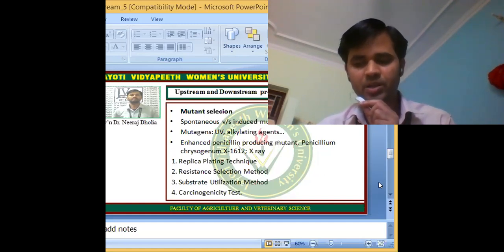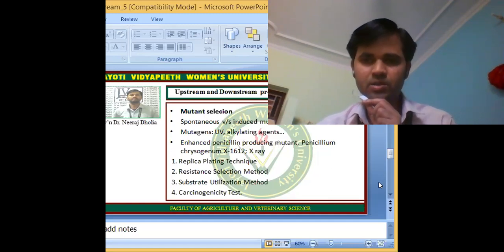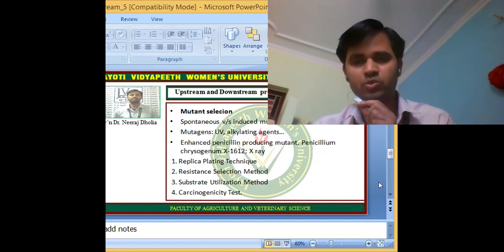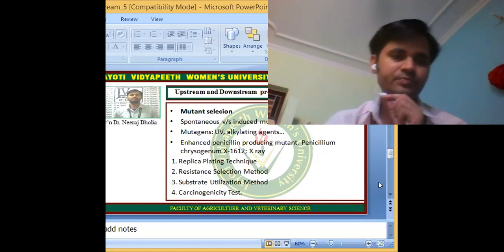You will prepare a medium which has a different carbon source and grow the culture there. If growth is there, it means a mutant is there which has the capacity to use the specific carbon source which you have added.